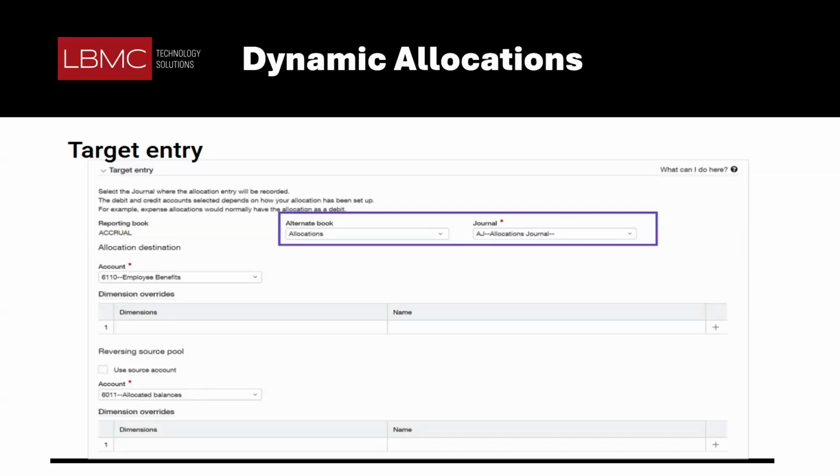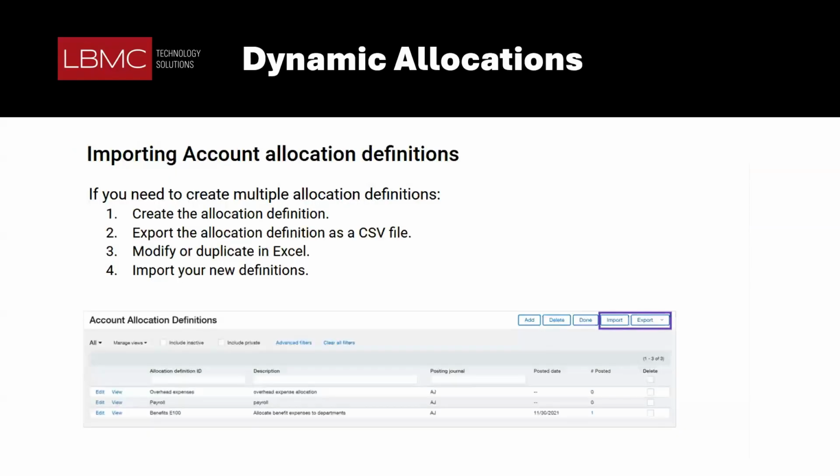Once you have that information set up, Sage has made it easy within the system where you can import those allocation definitions. So as you can see where we have those account allocation definitions, you have the ability to import or export those allocations.